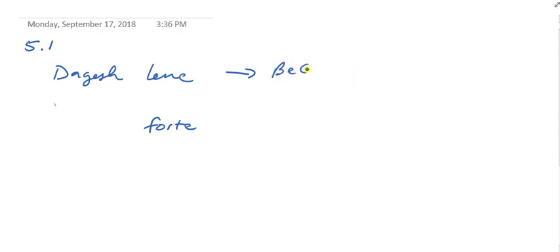Begad kafat. So what are those consonants in Hebrew? Beit, Gimel, Dalet, Kaf, Pei, Tav. Right? So these are the begad kafat consonants. What do they do?